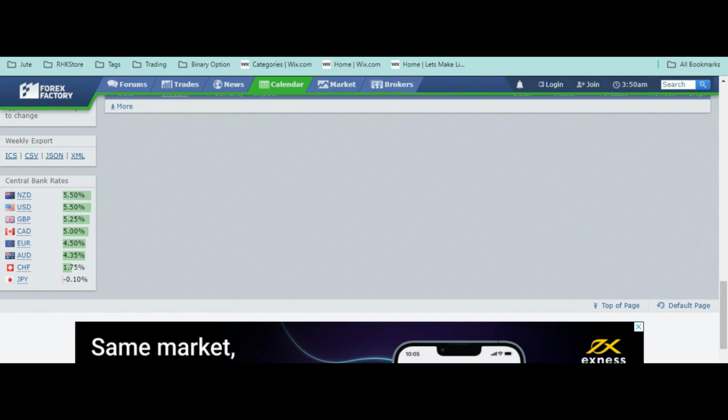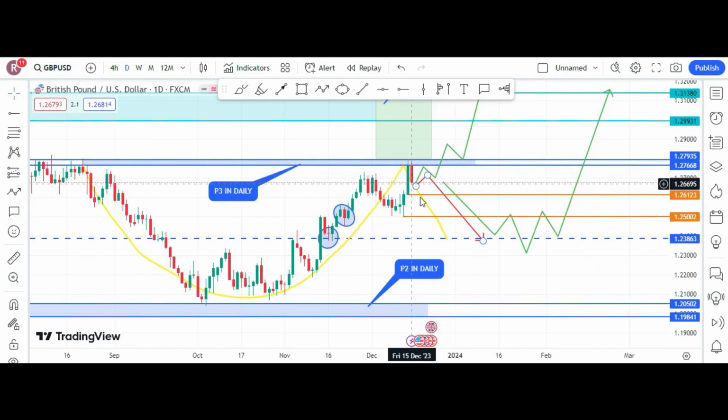So I don't think there is much chance of getting bearish in GBP USD at the moment.